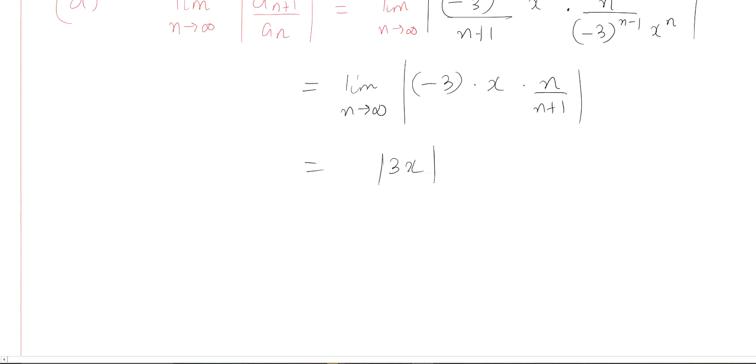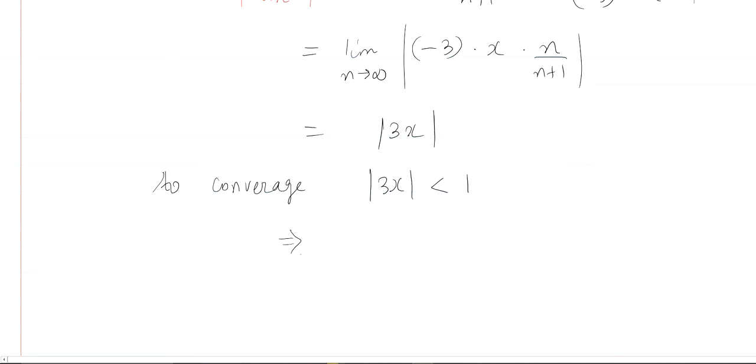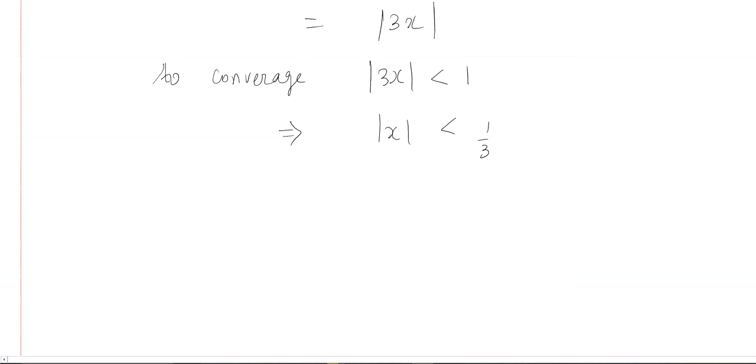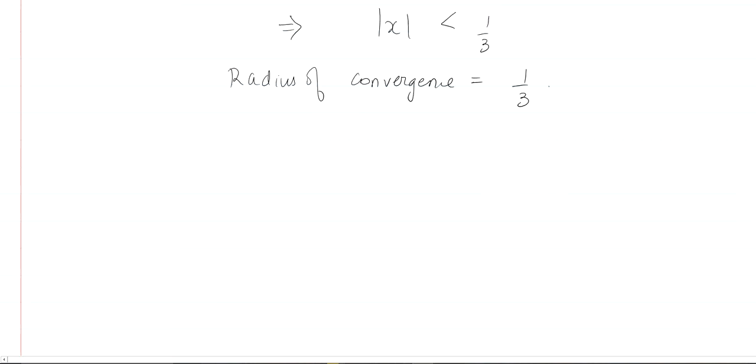Now for the series to converge, the absolute value of 3 times x has to be less than 1, which implies that the absolute value of x has to be less than 1 over 3. So the radius of convergence is simply 1 divided by 3.